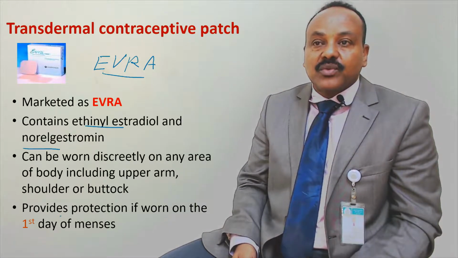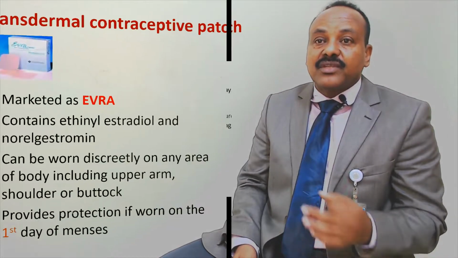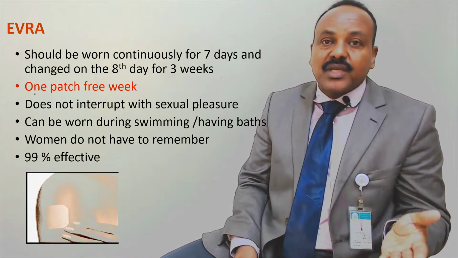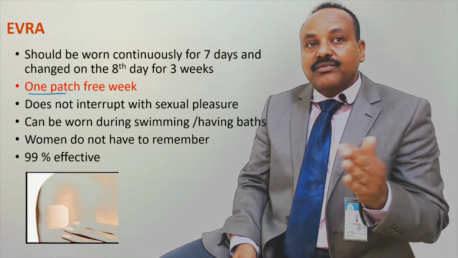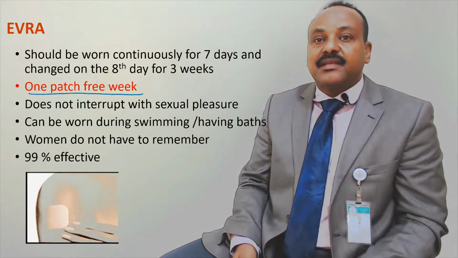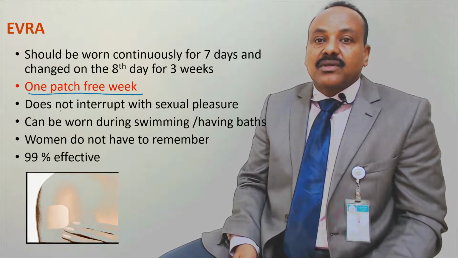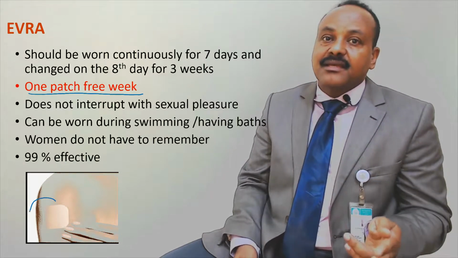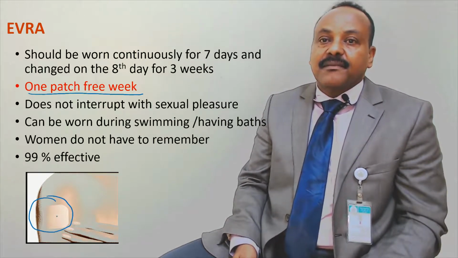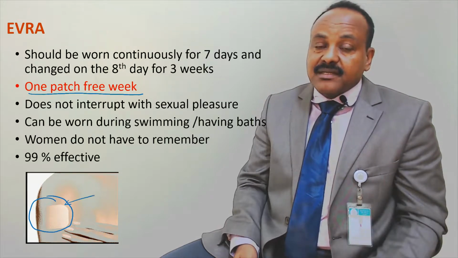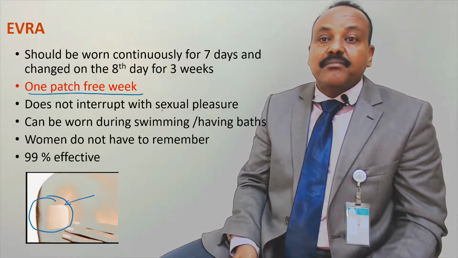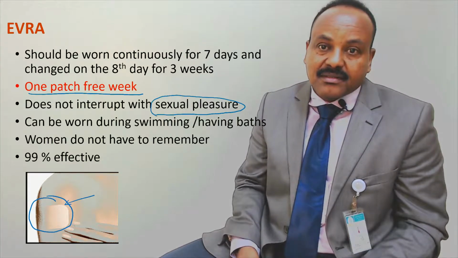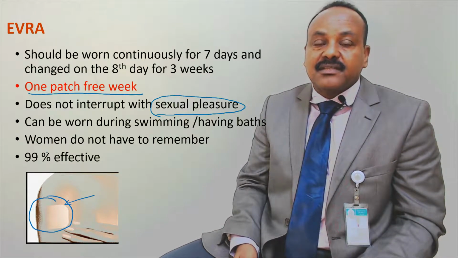It should be worn continuously for 7 days, changed on the 8th day, for 3 weeks, and the 4th week, as we told you before, is the break for bleeding and menses. One batch is 3 weeks, similar to contraceptive pills. It does not interrupt sexual activity like NuvaRing, can be worn during swimming, and women do not have to remember daily. Effectiveness is 99%.